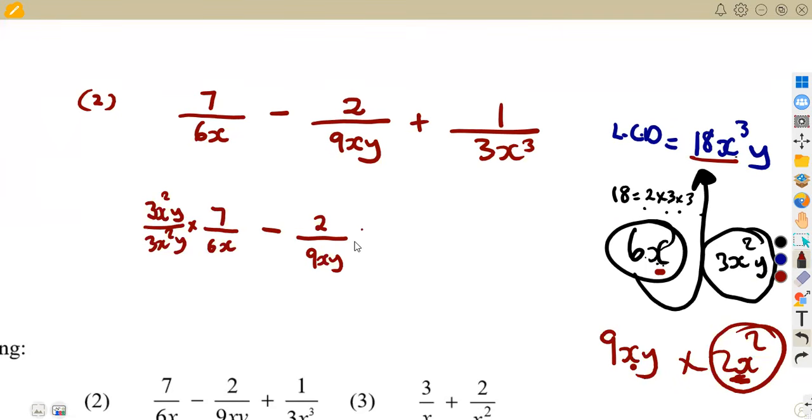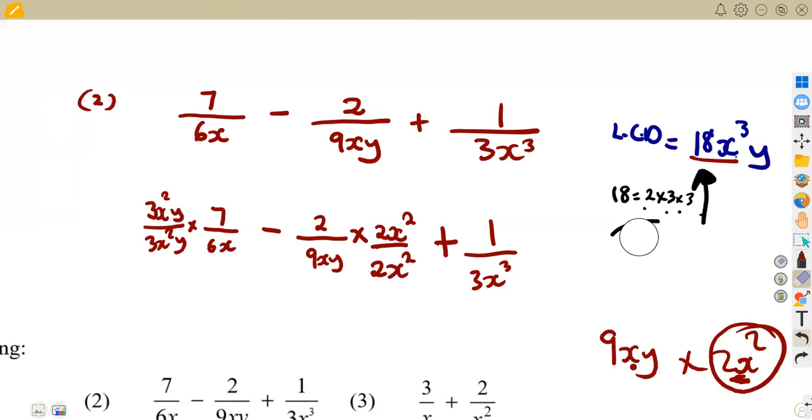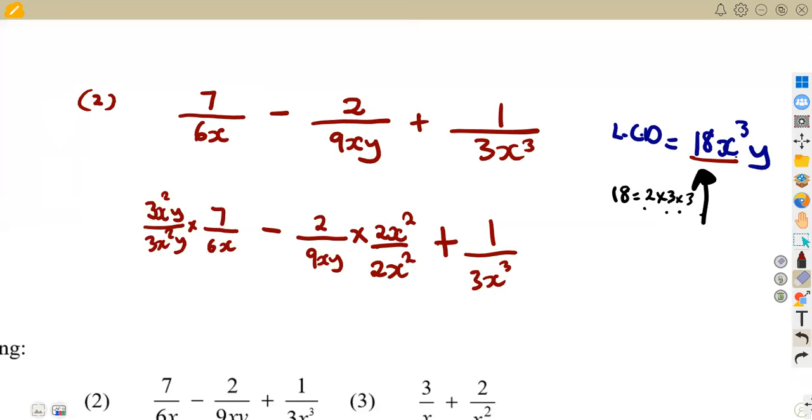But whatever you are going to multiply with, you have to multiply it on the numerator and also on the denominator like this. Okay, plus you do the same thing here. I'm going to have 1 over 3x to the exponent of 3. What am I supposed to do so that this denominator that I'm given, which is 3x to the exponent of 3, will give me the LCD, which is 18x to the exponent of 3y?